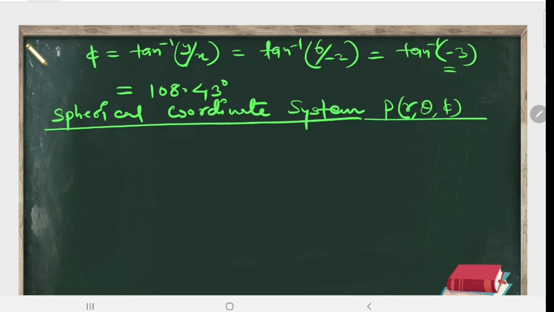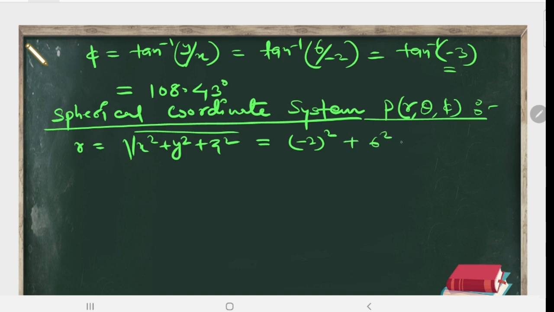So again, we have to use the relations which we have discussed earlier between the spherical and Cartesian coordinate systems. r is the square root of x squared plus y squared plus z squared, which is (-2) squared plus 6 squared plus 3 squared.